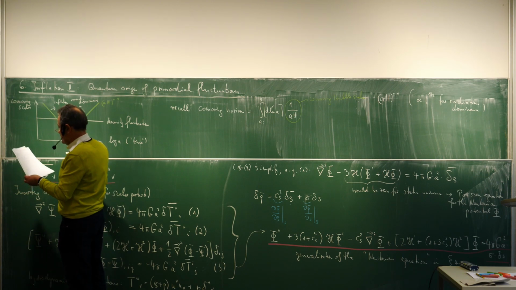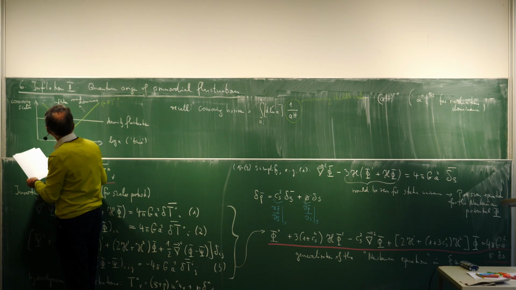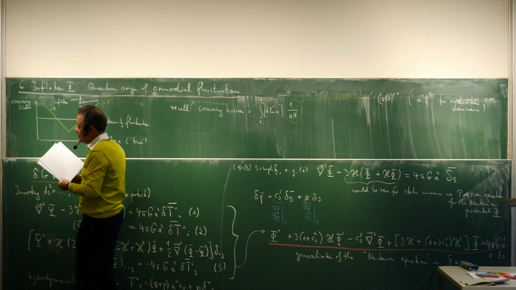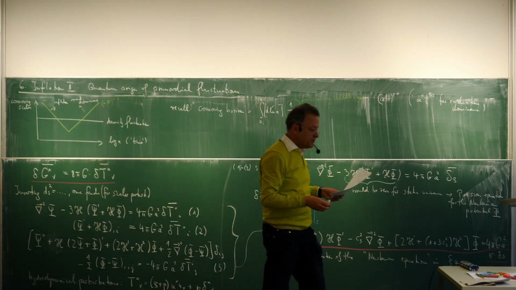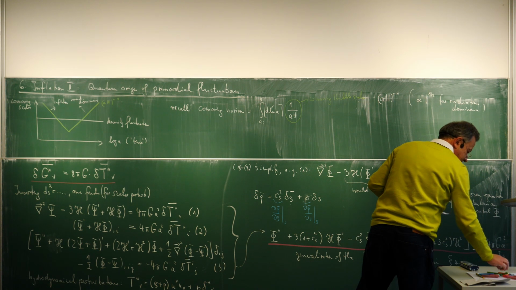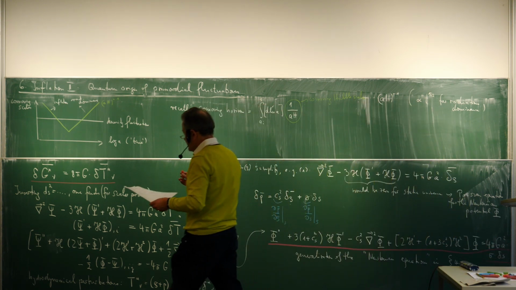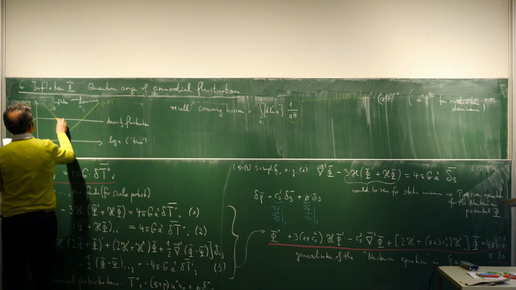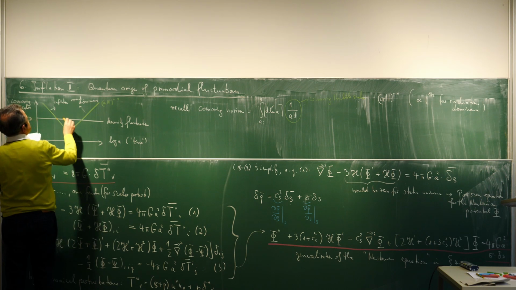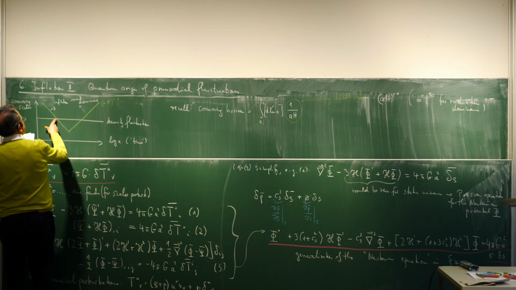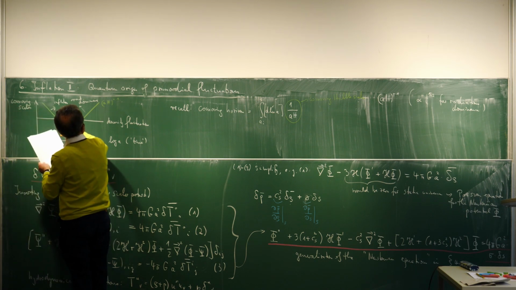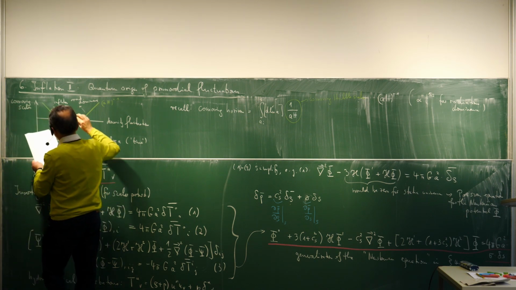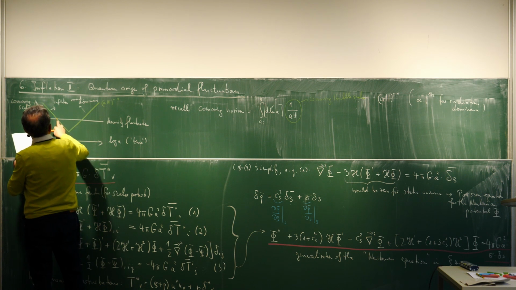So we have here two distinguished points, and these are the two points where this scale exits the Hubble scale. Here this scale that we have is smaller than the Hubble scale, but here it becomes bigger.